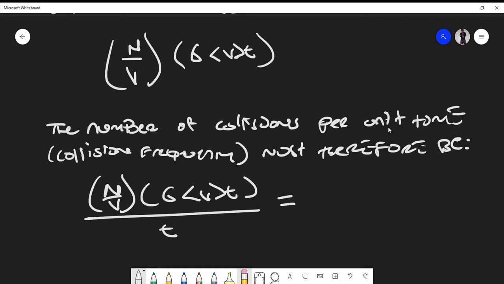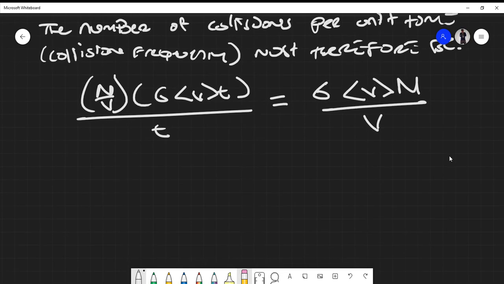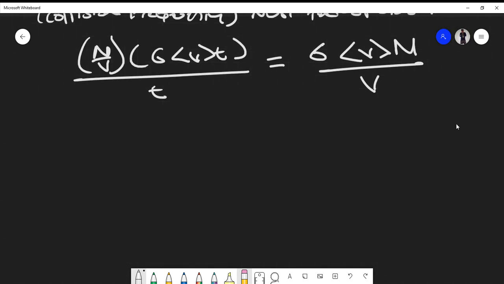If we simplify that, it is simply equal to sigma times v times N divided by big V. So that would be your collision frequency.